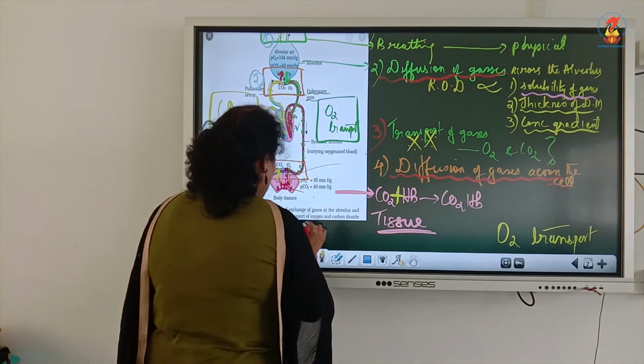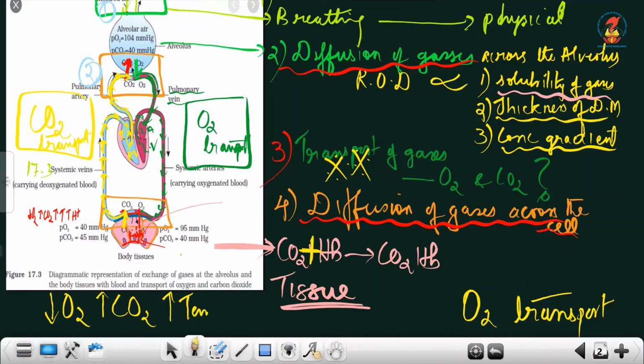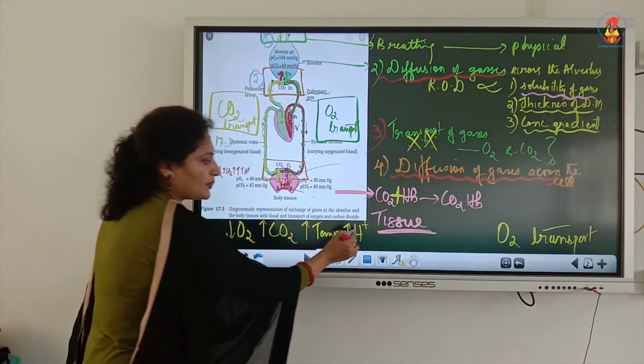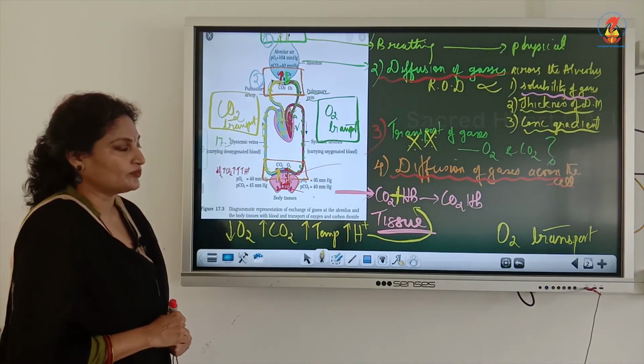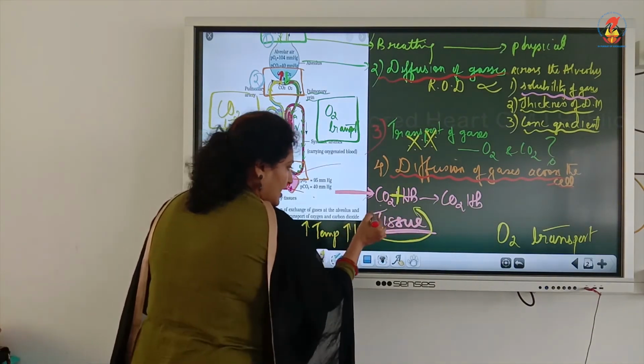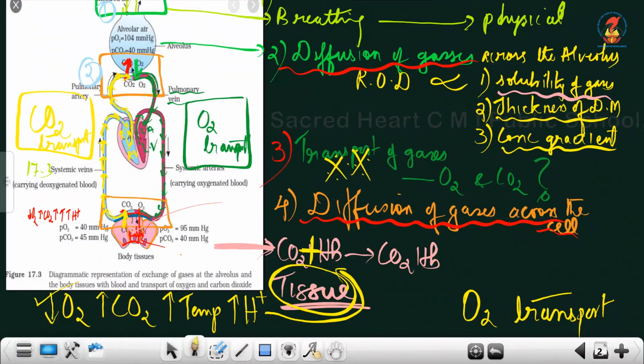And also at the tissues, the temperature is high and the hydrogen ion concentration is also high. So, the factors favorable for the association of carbon dioxide with hemoglobin at the tissues are these: oxygen concentration is low, carbon dioxide concentration is high, temperature is high, and the hydrogen ion concentration is high.